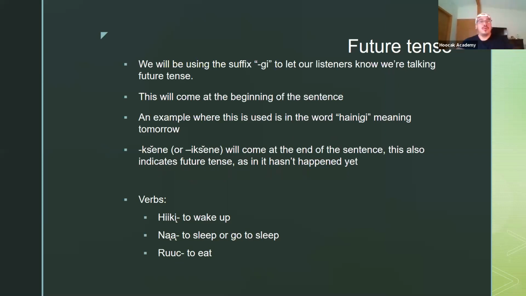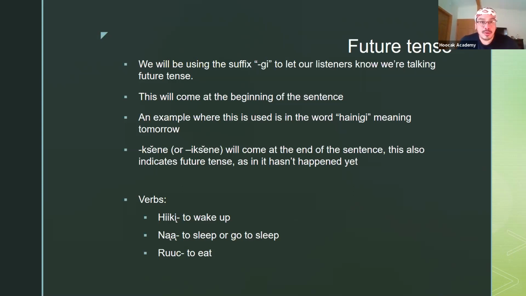All right, we will be using the suffix gi to let our listeners know we're talking future tense. Last time we used regi for past tense. So this time we're going to be using gi for future tense. It's going to come toward the beginning of the sentence, right after the time.